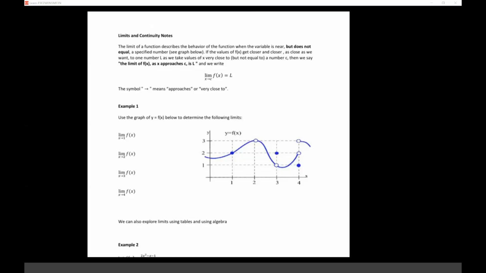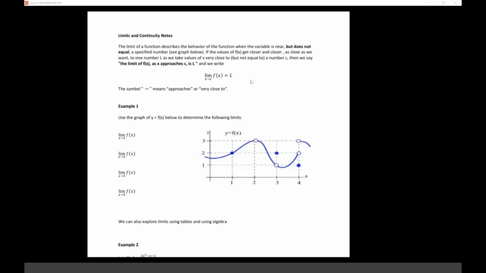As you get closer and closer to, say, the x value, you're paying attention to what's happening to your f of x values. If they get closer and closer to a given number, you would say that the number your y values are getting close to is the limit as x approaches a given number.